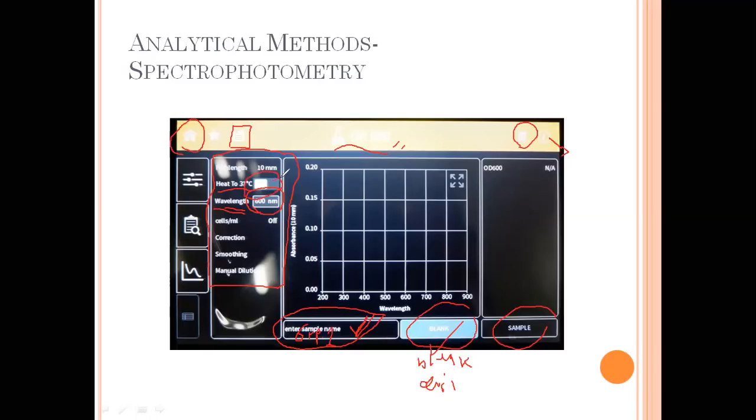So pag green na yung orange na yan, it means that the temperature of the spectro is at 37. Actually, it's not the whole spectro but only the cuvette port that is at 37 degrees Celsius. Okay? Because there are some tests that require for the reaction to happen, kailangan nasa 37 degrees Celsius sila. Okay? Or at body temp.